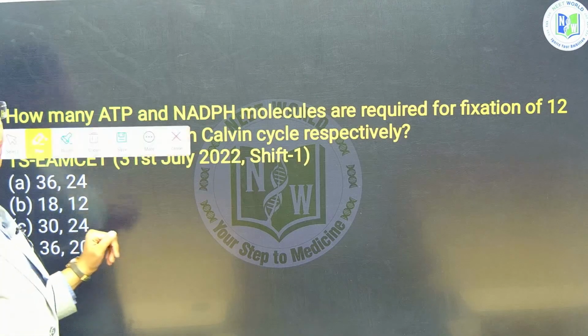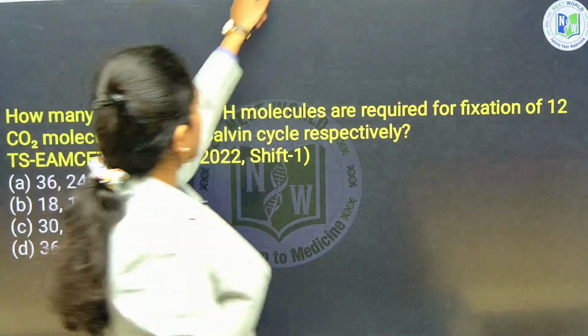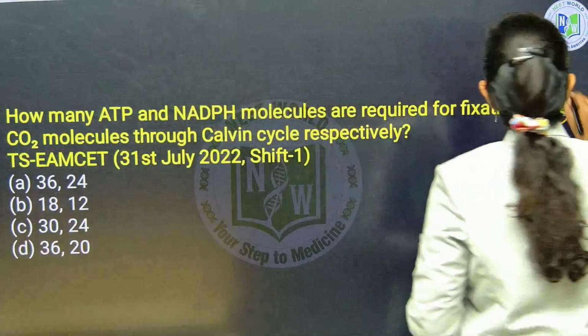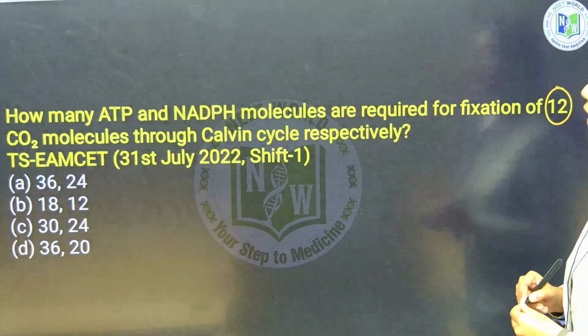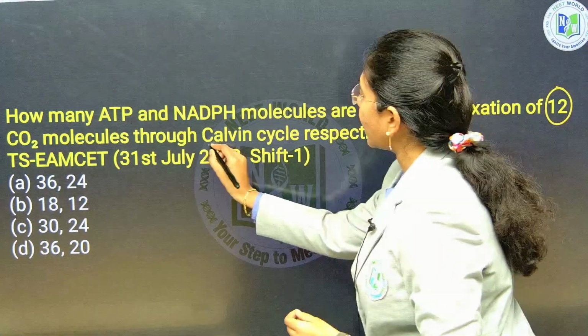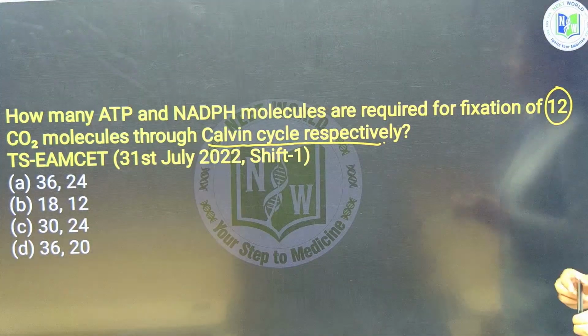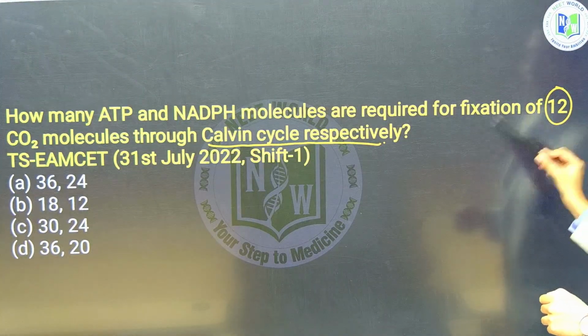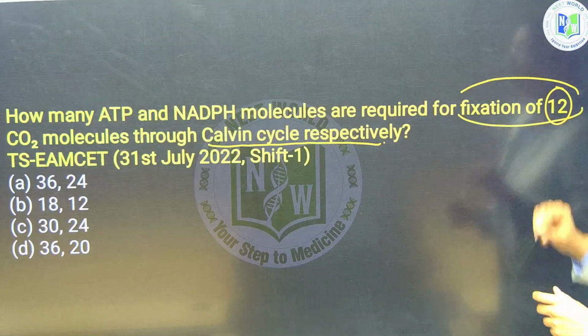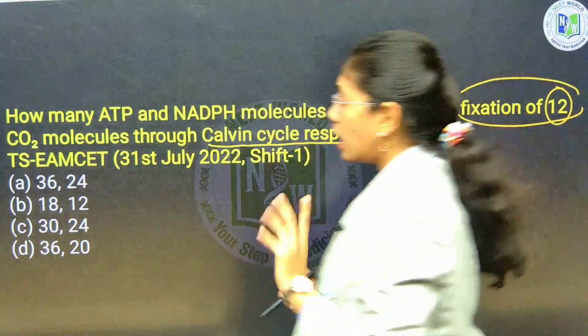How many ATP and NADPH molecules are required for fixation of 12 carbon dioxide molecules through the Calvin cycle, respectively? Look here.